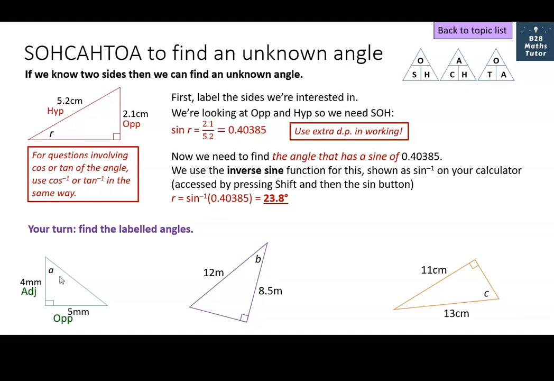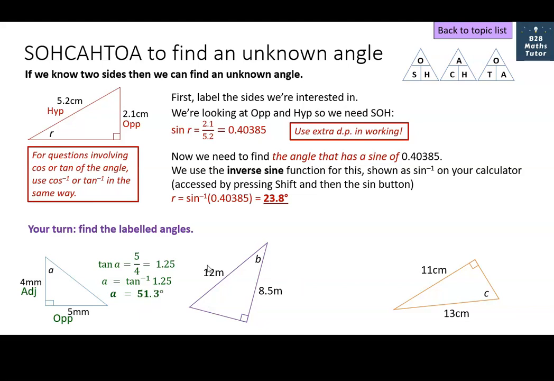So tan of the angle A is opposite over adjacent, that's 5/4, which you can leave as 5/4, or you can write as 1.25. We need to untan it, get rid of the tan bit and just get back to the angle that has that tan. So we find the inverse tan of 5/4, or the inverse tan of 1.25, and that gives you 51.3 degrees.